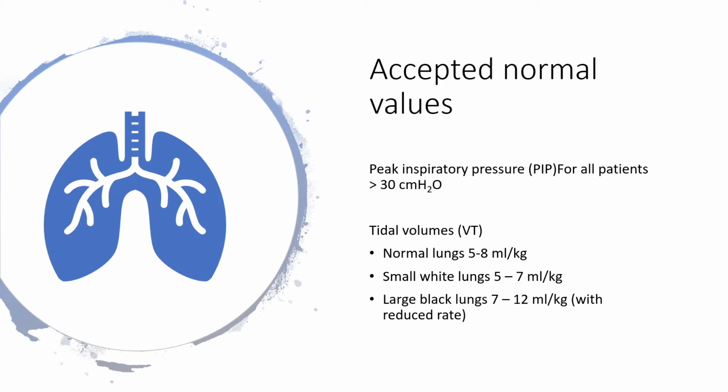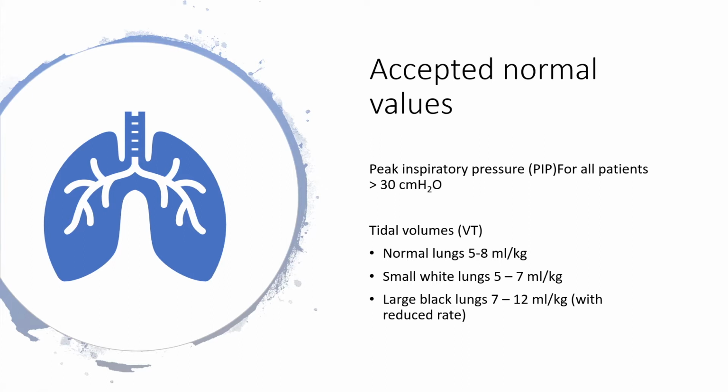So the aim for all this ventilation is to get acceptable gas exchange, but not at the cost of high pressure or high volume ventilation. So we're trying to get that acceptable gas exchange without the peak inspiratory pressure going higher than 30, and also trying to keep tidal volumes within a certain limit.